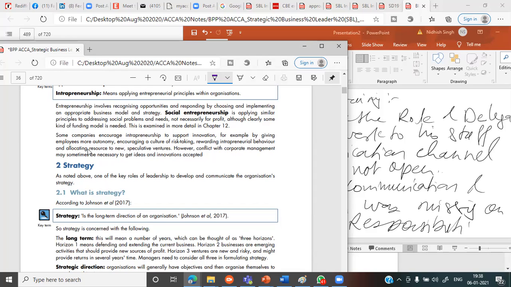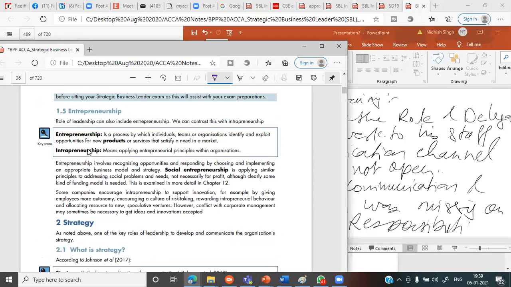When the client agrees that one of your employees has suggested this and they want to continue the discussion, asking what your fees are, and you are successfully able to sell a new product or service on behalf of your organization to your clients, that is an example of intrapreneurship, because you have behaved like an entrepreneur while still being an employee of your organization. Quite exciting, isn't it? So that is intrapreneurship.